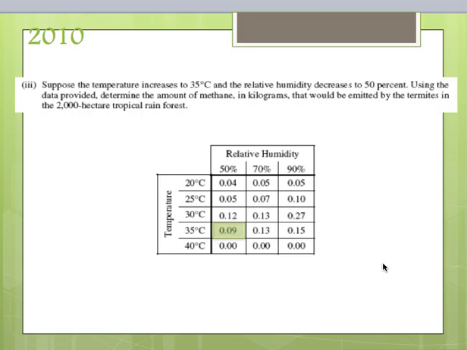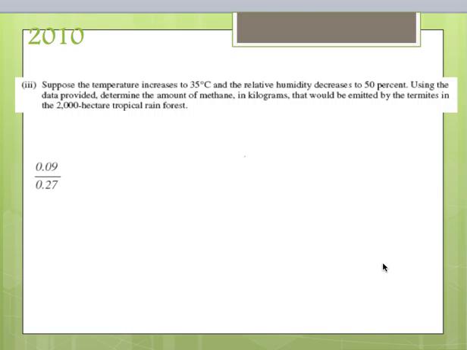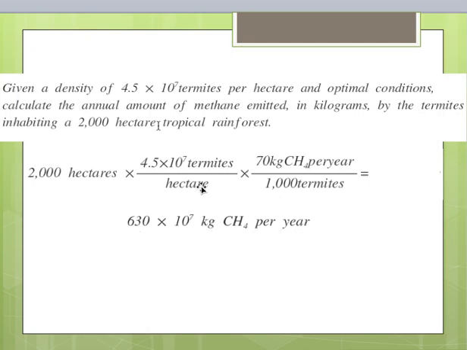And I had already done that earlier calculation. So 0.09 is what it's at. 35 degrees, 50%, that's my rate of wood consumption. Remember that optimal was 0.27, and I had already calculated previously how much methane is being produced at optimum temperatures, okay? I'm going to get that in a little bit easier number.